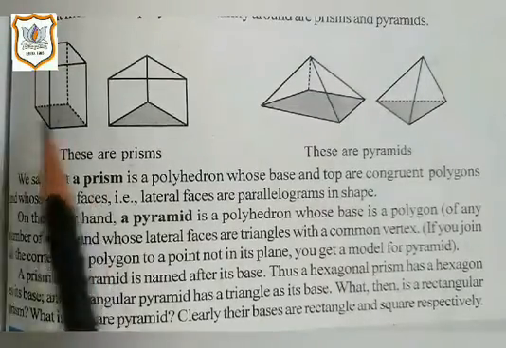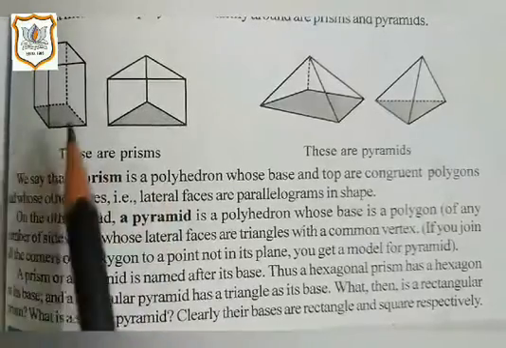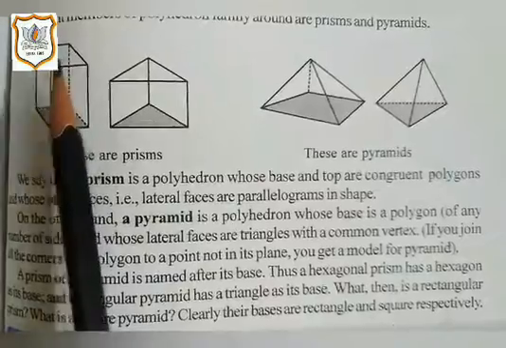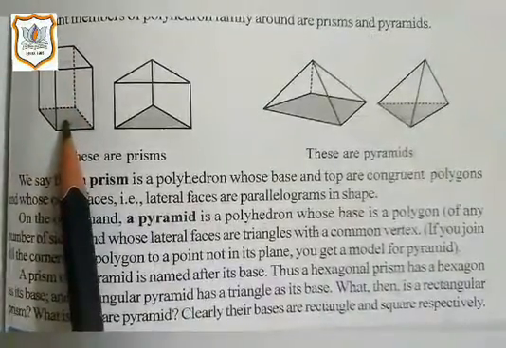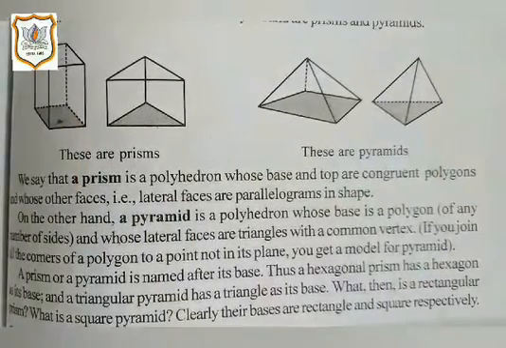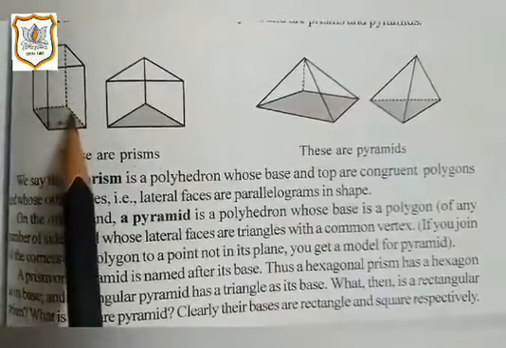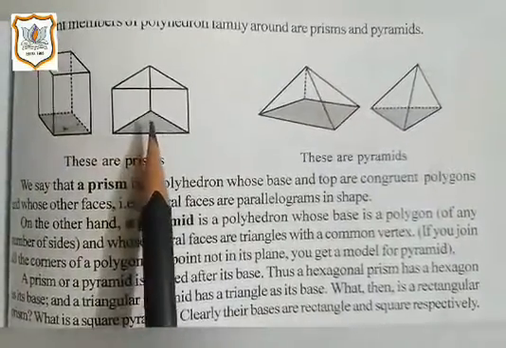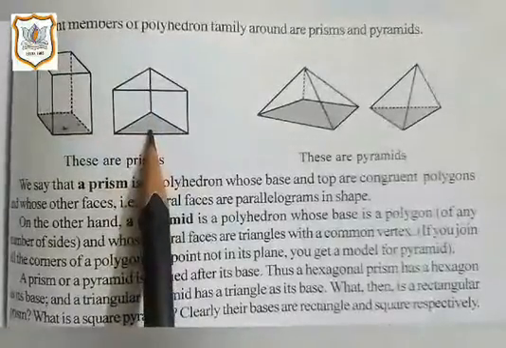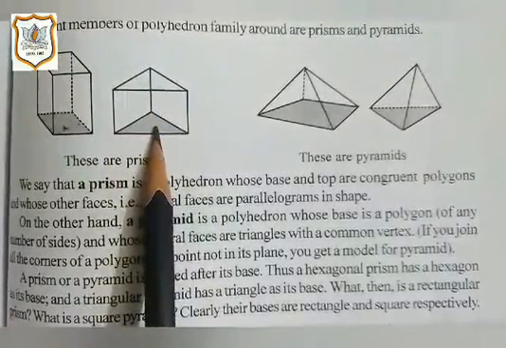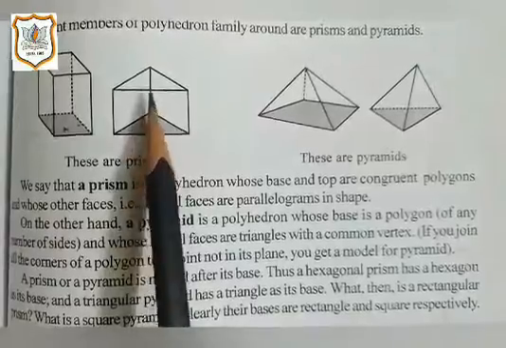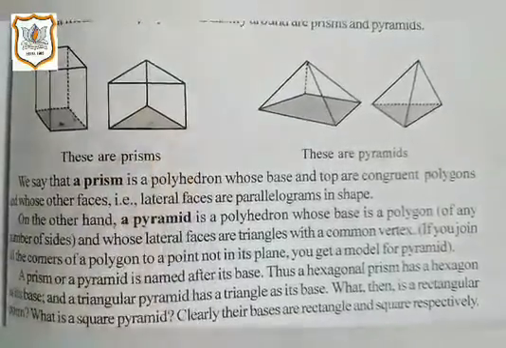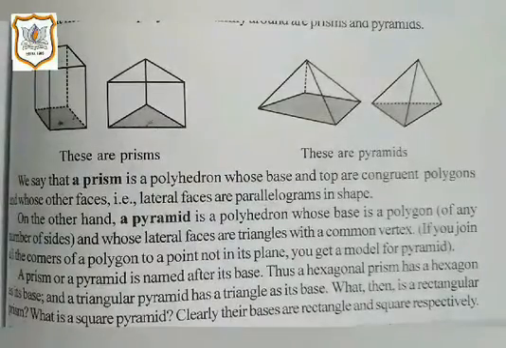You can see these are prisms because the top and base are congruent polygons and all other faces are parallelograms. Here top and base are congruent, both are triangles, and the faces are parallelograms in shape.